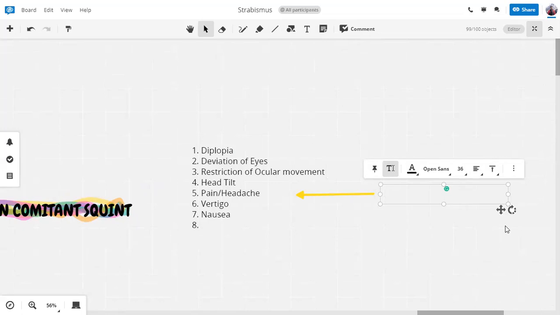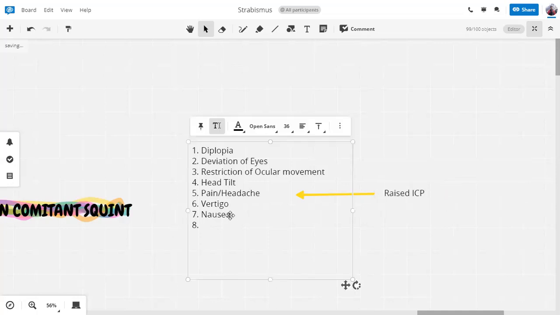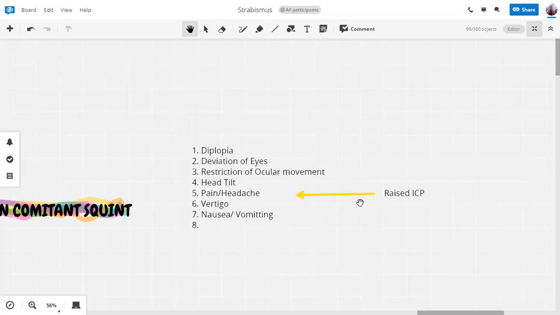Something related to either the cerebellum or the inner ear. Exactly. CNS, balance. Headache, vertigo, nausea. What should come into your mind is raised ICP. Because vertigo, nausea and vomiting are the symptoms of raised intracranial pressure, and raised ICP can cause lesions in the cranial nerves which innervate the extraocular muscles.